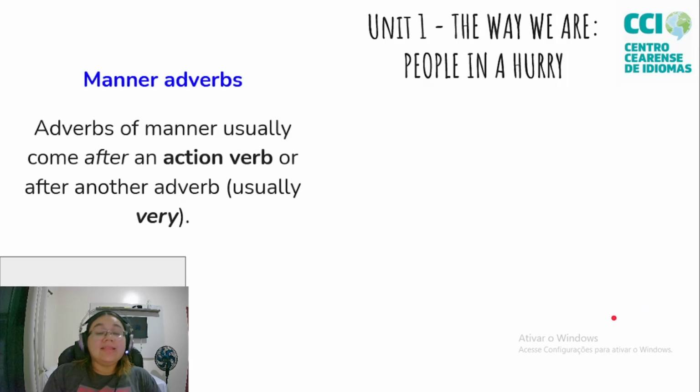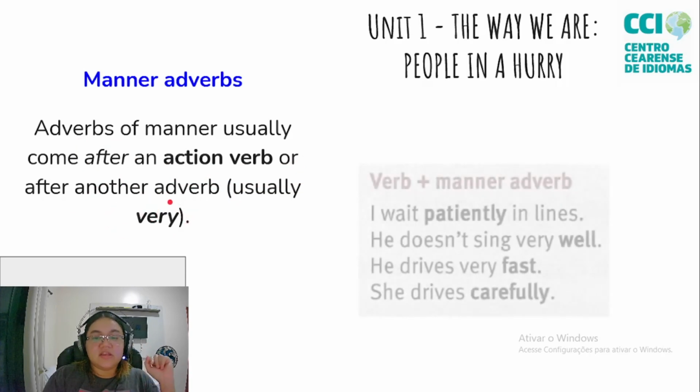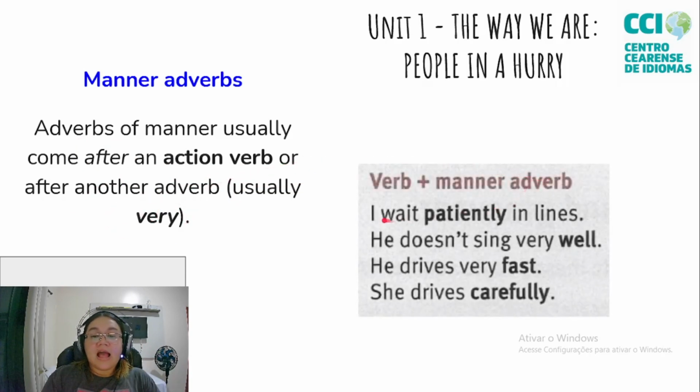So these adverbs usually come after an action verb or after another adverb, which is usually the adverb very. Let's see the table. I wait patiently. Patiently is the adverb and wait is the action verb. He doesn't sing very well.